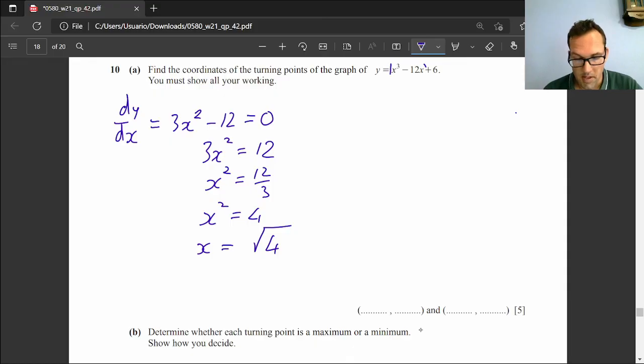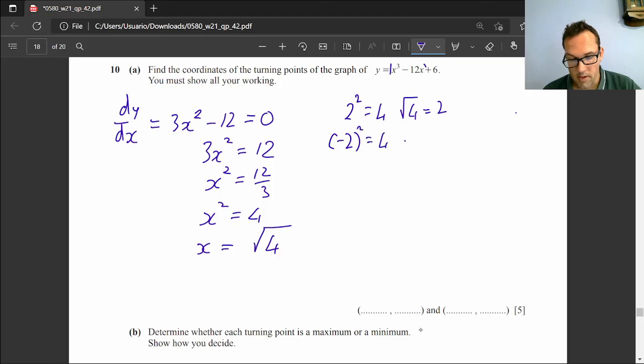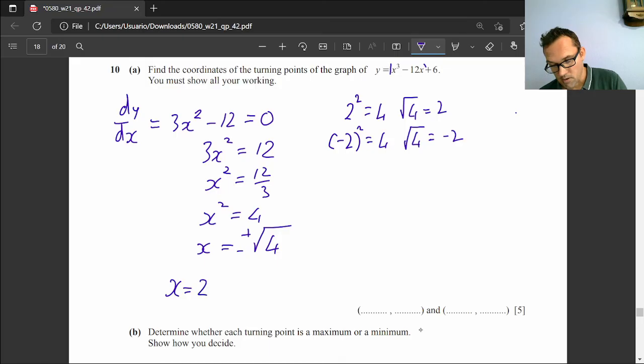Basic example, of course, 2 squared equals 4. That is why the square root of 4 is 2. But minus 2 squared also equals 4. That's why the square root of 4 can be minus 2. And we have two answers, a positive and a negative one. That means x can be 2 or x can be minus 2. So we now have the x coordinate values.